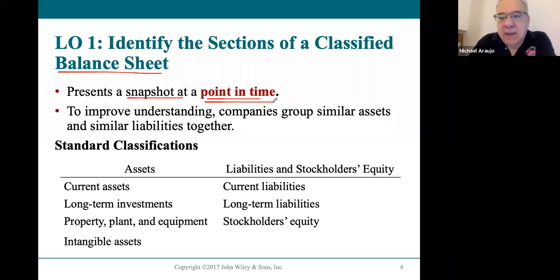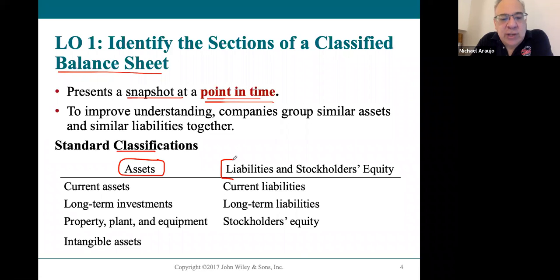Okay, you probably remember seeing that on the title, the company name, balance sheet, and then the date is put there on the heading. But what you might not know is that there are different types of ways in which we can classify assets. 4 different types, so 4 different ways that we classify assets, and that's what we're going to be focused on today. When we come back next time, we're going to be focusing on the other side of the balance sheet, liabilities and stockholders' equity.